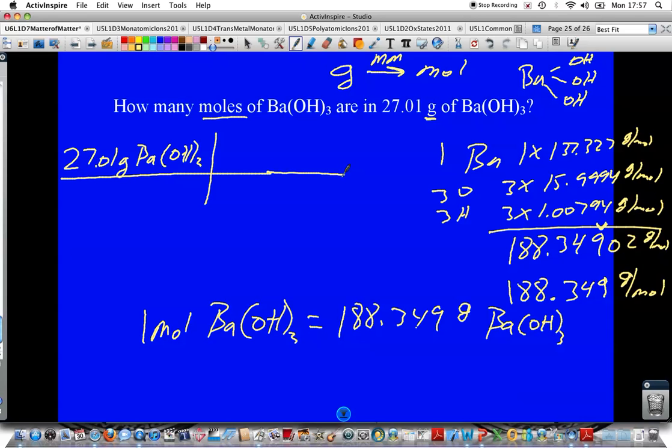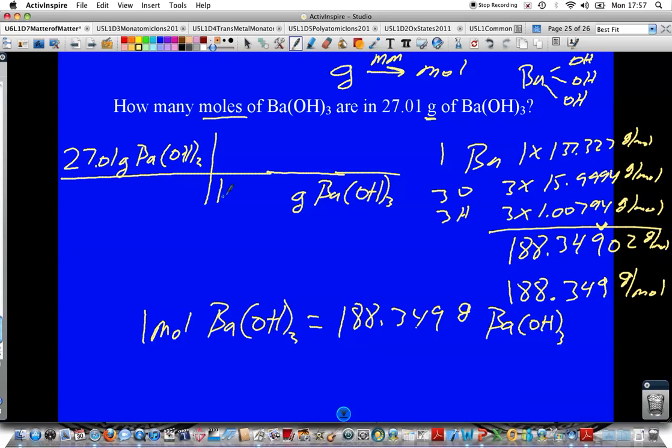So I'm going to look at my units. I have grams of barium hydroxide on the top. That means grams of barium hydroxide has to be on the bottom so that it'll cancel out, because it's just like one big fraction, and whatever's on the bottom we divide by.